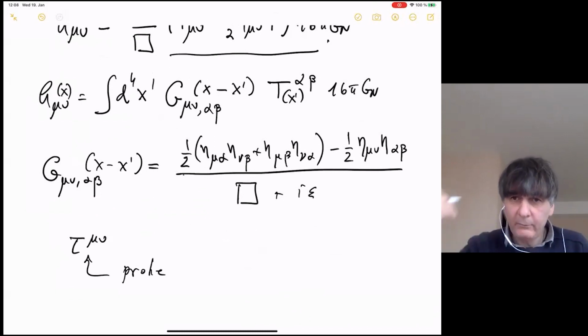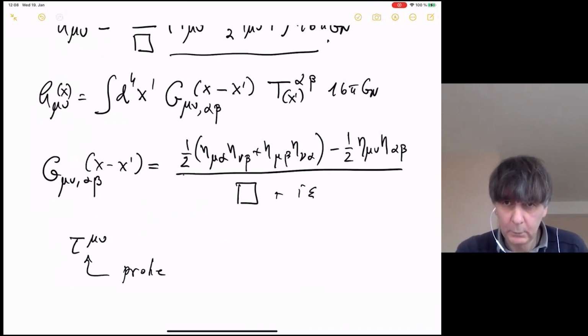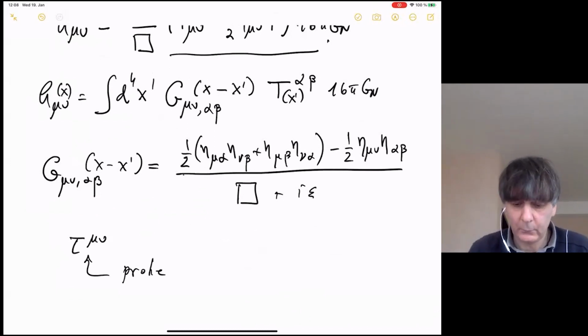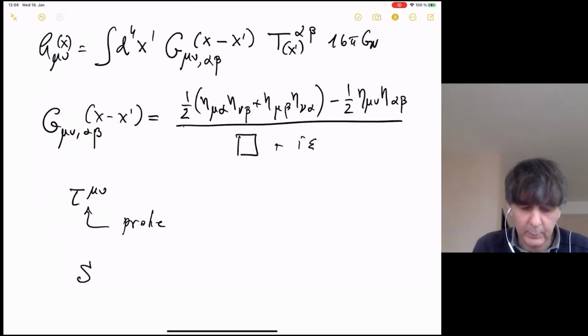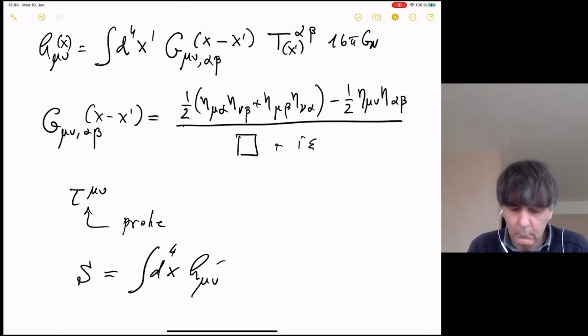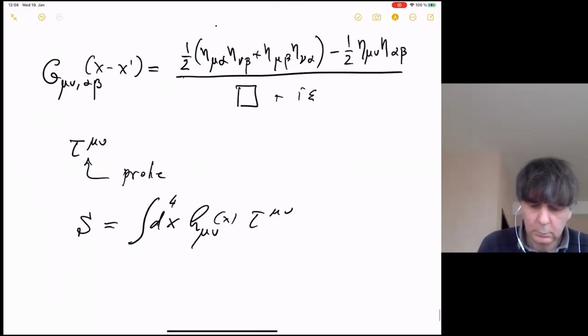The probe will be affected due to the fact that the source modifies the gravitational field. So how will it be affected? It will be the effective action of the probe in the background of this gravitational field created by the source. Okay, so this is the structure.